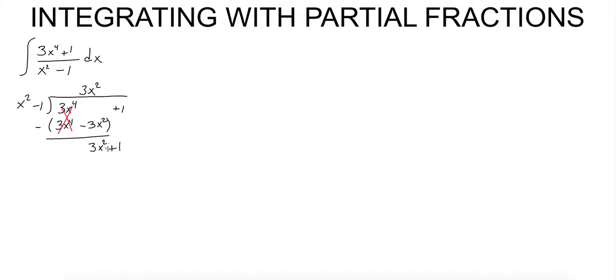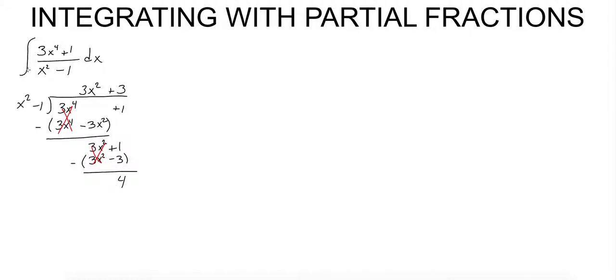Okay, then it all starts over again. I have this x squared, it goes into 3x squared 3 times, so I put a plus 3 on top, distribute back. We're going to get 3x squared minus 3, and one more time we want to subtract, and if we did everything right, the first term cancels and I have a 1 minus that negative 3, and so that's actually just going to become 4.